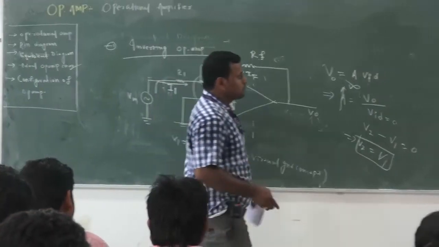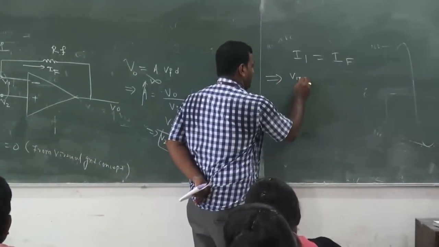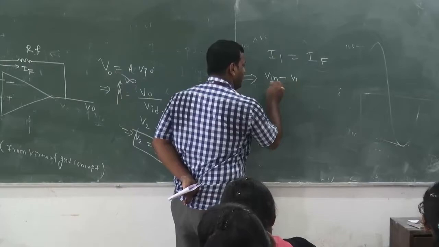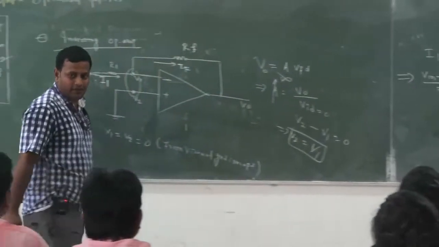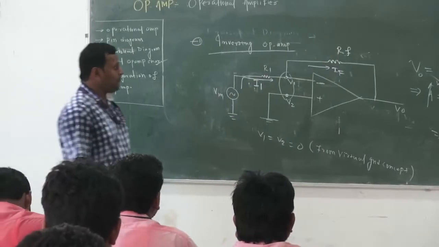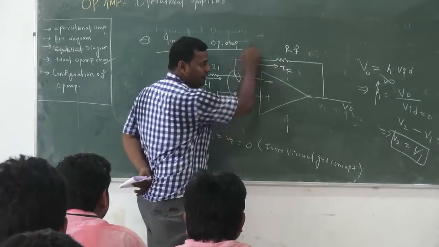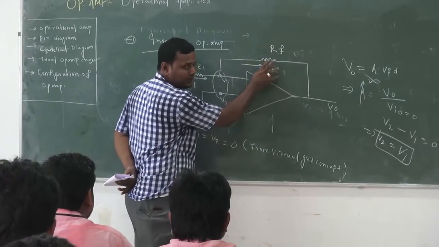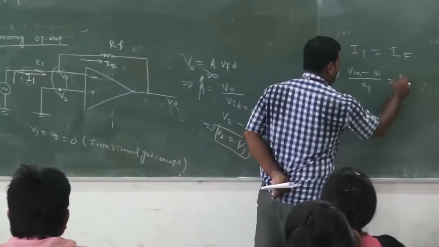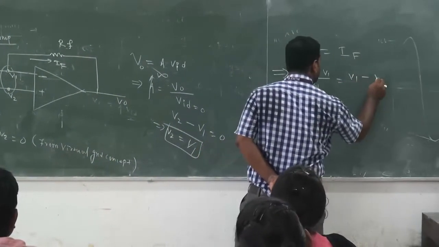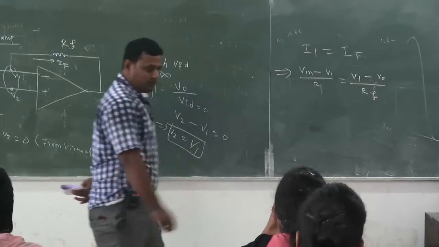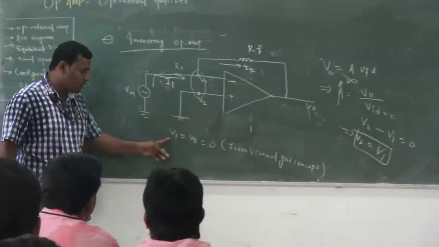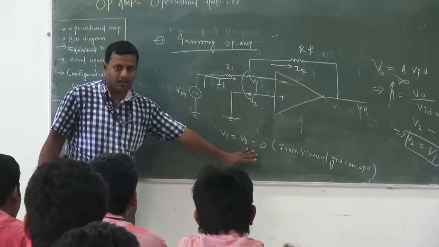V in minus V1 by R1. What is IF? IF is nothing but this current: V1 minus V0 by Rf. According to the virtual ground concept, V1 and V2 are equal to 0.